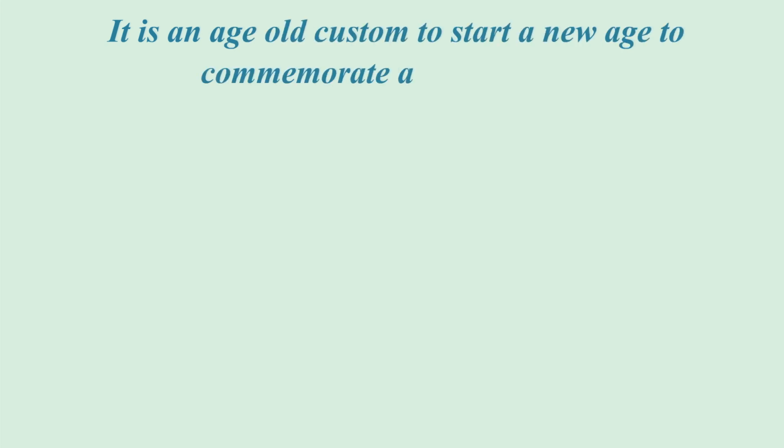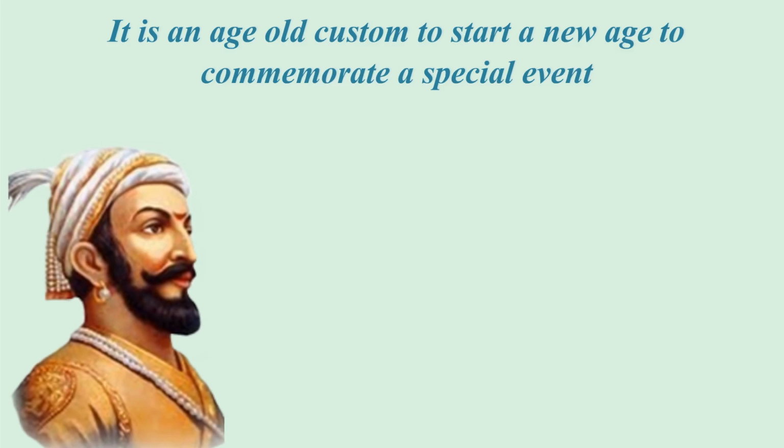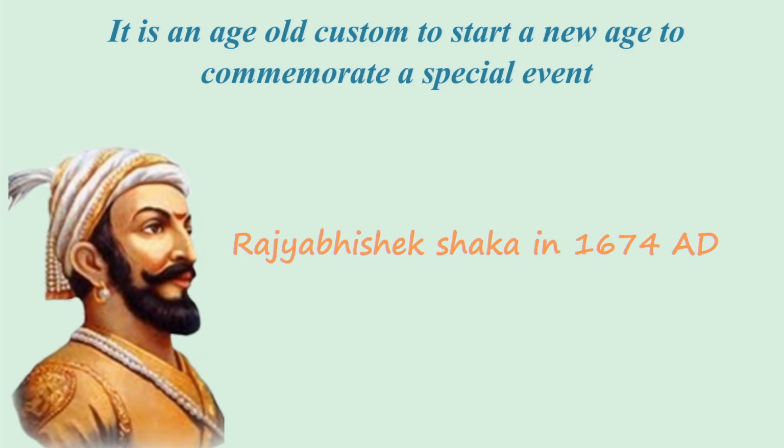It is an age-old custom to start a new age to commemorate a special event. First, the coronation of Chhatrapati Shivaji Maharaj started Rajya Abhishek Shaka in 1674 to commemorate his coronation.